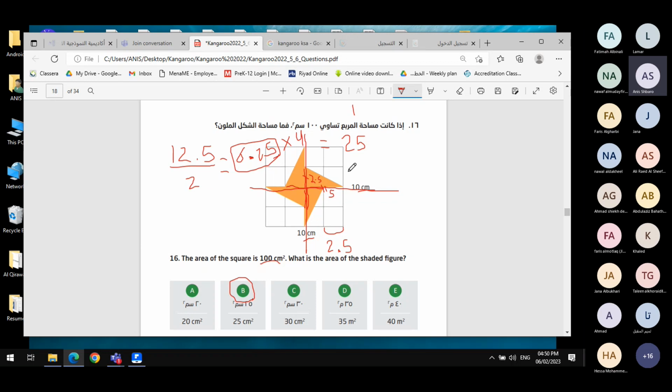Yes. So how many did we use here? 4. No, in fact, you are near the answer. So we used how many of the whole square, of this 2 times 2 square? We used 1 over 4.